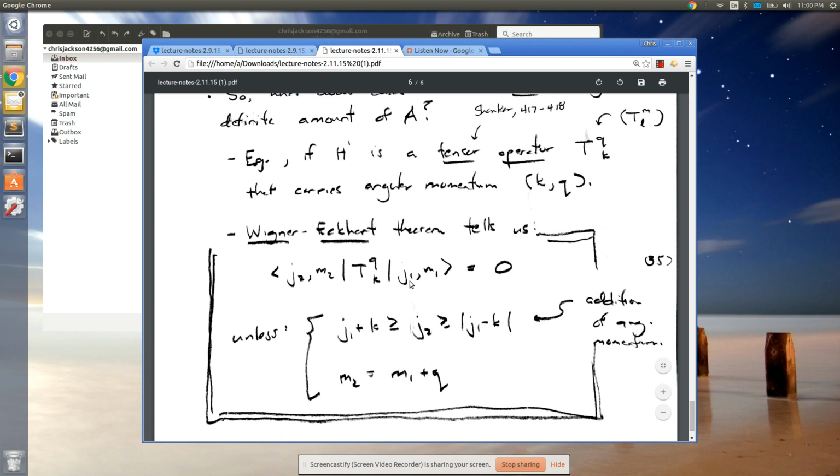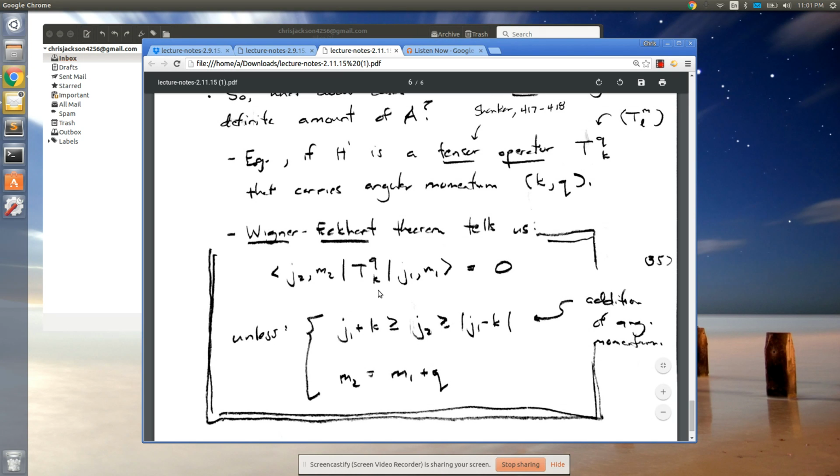Let me just do that again. J1 plus K equals J2. So in other words, this operator is imparting some value of K angular momentum onto this J state, right? And likewise, M2 has to be equal to M1 plus Q, right?